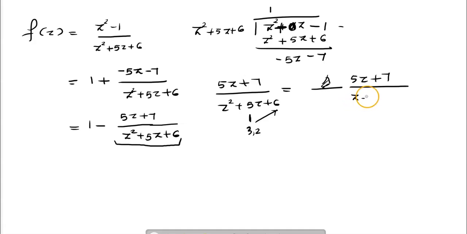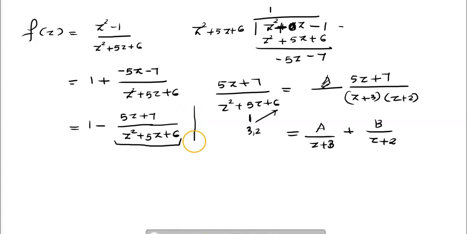So z² + 5z + 6 can be written as (z + 3)(z + 2), that is z² + 3z + 2z = 5z, and 3 into 2 is 6. So use partial fractions: A/(z + 3) + B/(z + 2).